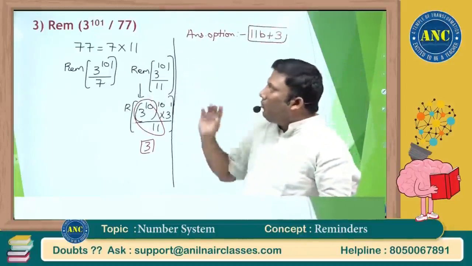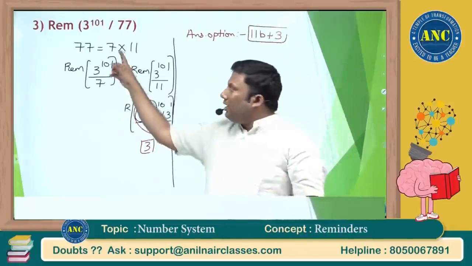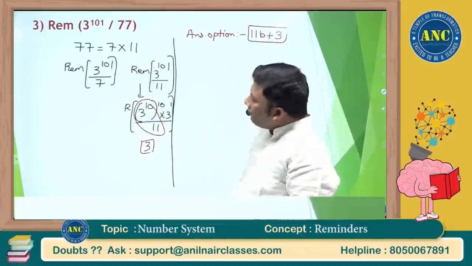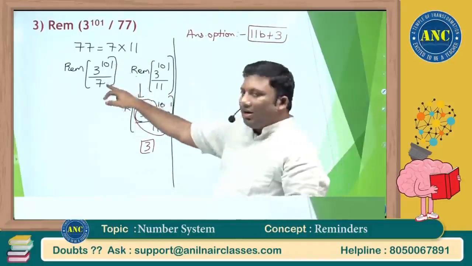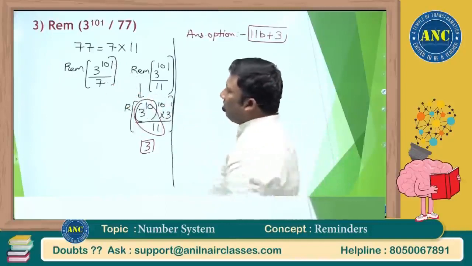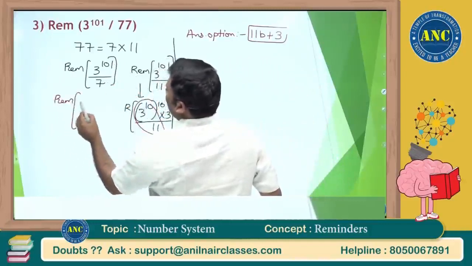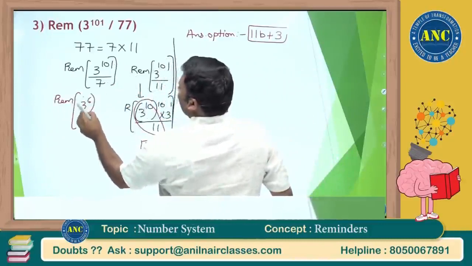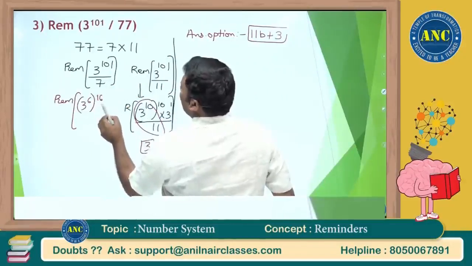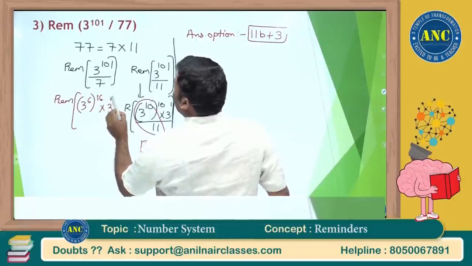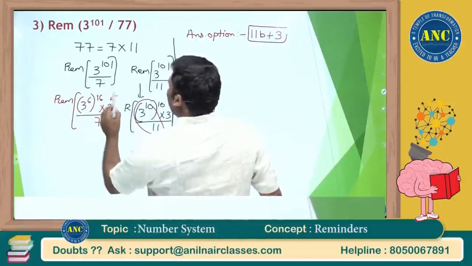Again I am repeating. 77 is a composite number, 7 into 11. 3 power 101 divided by 7, so we will also do it for 7. 7 is again a prime number. 3 power 6 into 16 is 96, into 3 power 5 divided by 7.